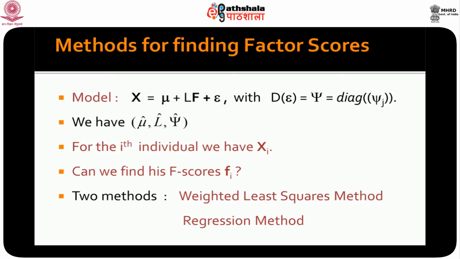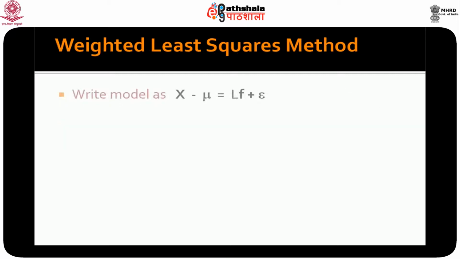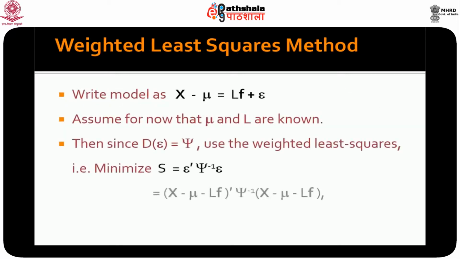Now, if you look at the model, x minus mu is equal to LF plus epsilon. L has been estimated. We have an idea of what epsilon is like. It's the error, and it has a dispersion matrix which we have also estimated. Mu again is estimated from x bar. So, can I find the factor F given all this?